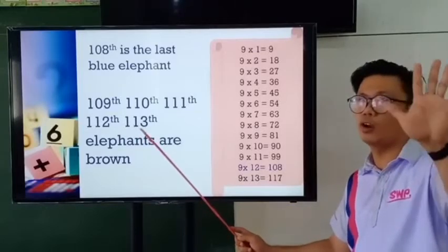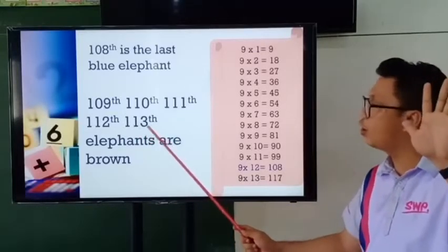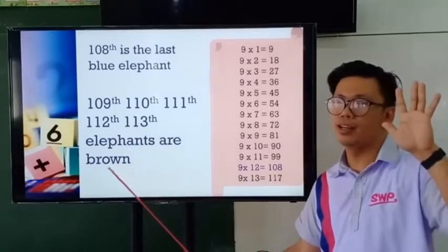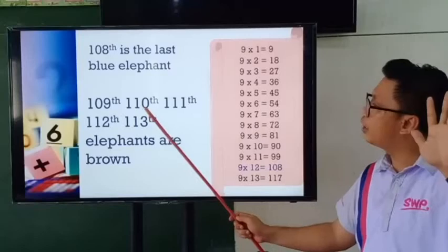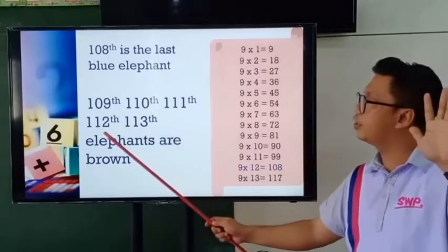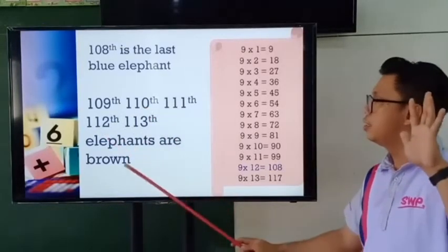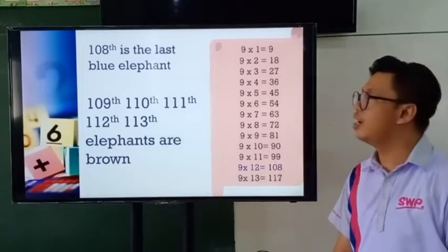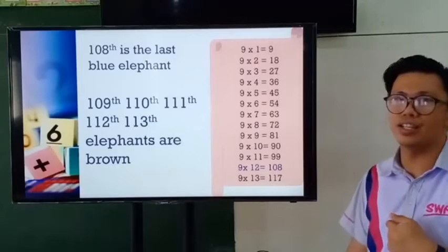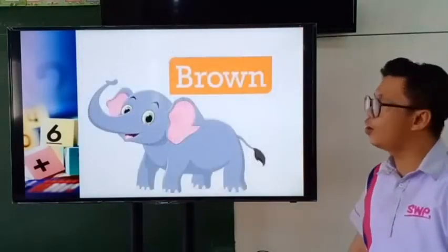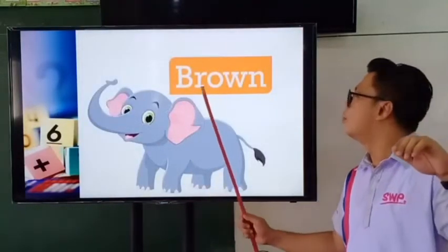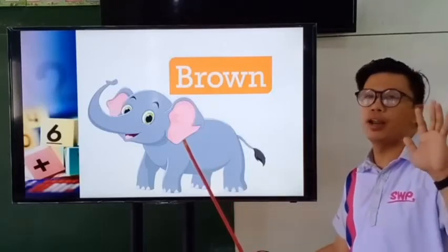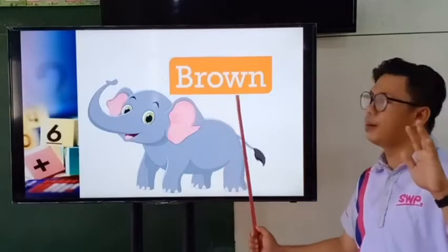So what is this color? Very good. This color is the brown elephant. So 109, 110, 111, 112, 113. That is the brown color. Now let's see what is the answer. The color is brown because the number 112 is brown.